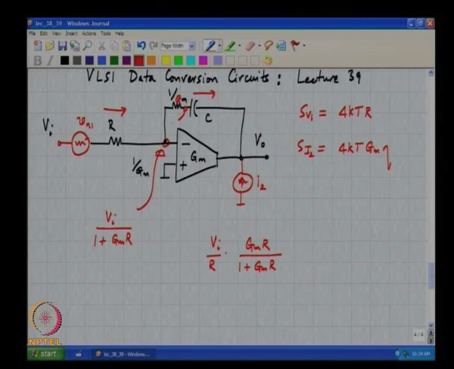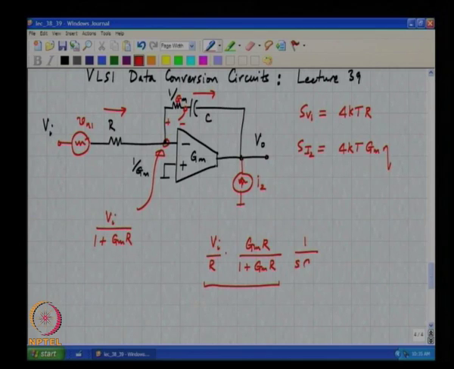The drop across the 1 by Gm resistor is Vi by 1 plus GmR, but in which direction? In this direction. So, the potential to the right of that resistor will be 0. Is that clear?